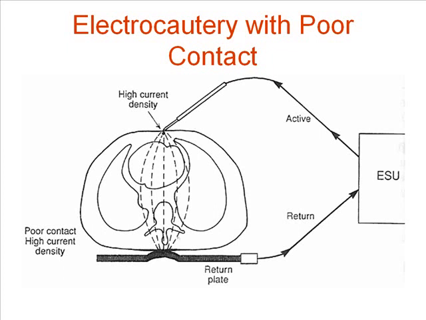Because if that's the case, you can get electrical burns at the site of the return plate. And that's why you may notice that the operating room nurses are so careful about the quality of the return plate and that it be on an area of the body, hopefully an area that doesn't have a lot of hair. Sometimes they'll even shave the area to ensure that there's not much hair, and that can at least theoretically be useful.